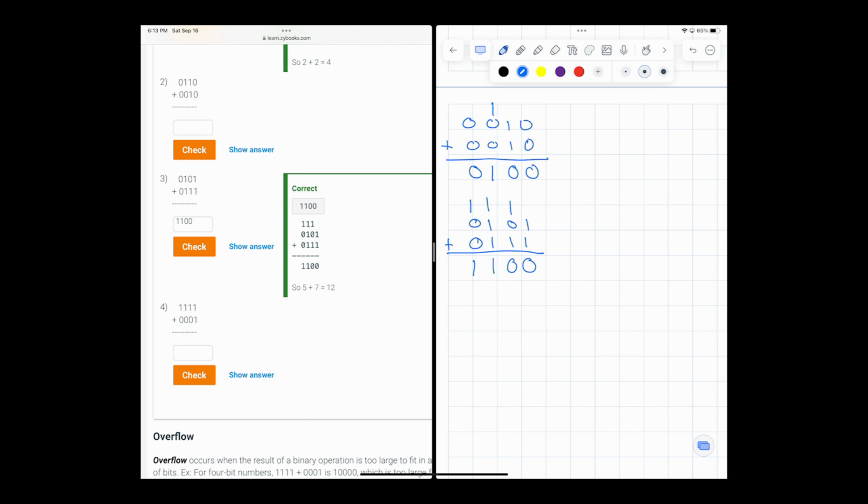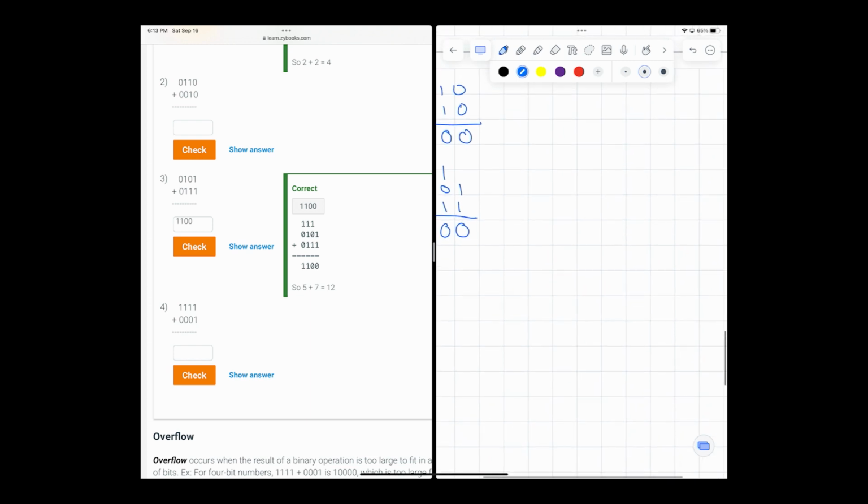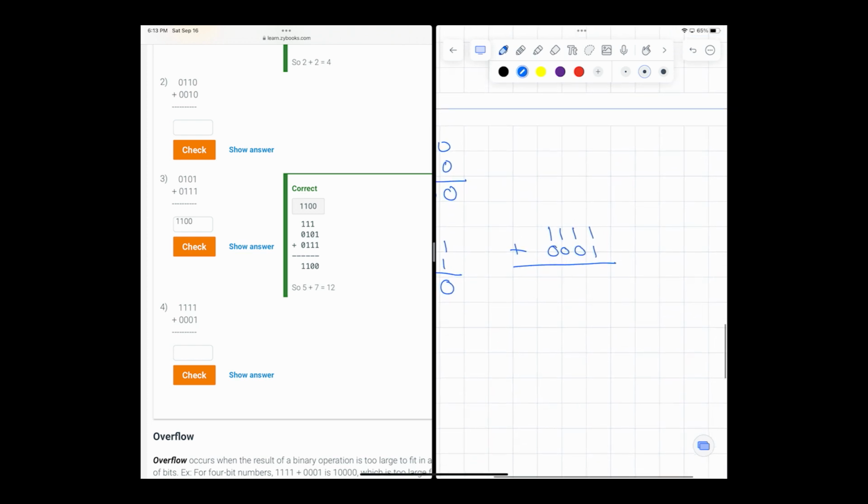All right. On the last one, if we do the last one just because that's the one that's going to overflow, as they say, if you add these up, then, all right, starting from the first column here, 1 plus 1 is 2, so 0, 1. 1 plus 1 is 2, so you put the 0 here, 1 here.